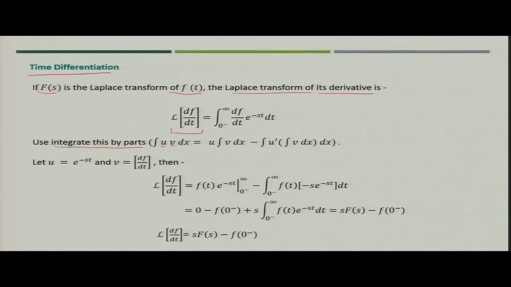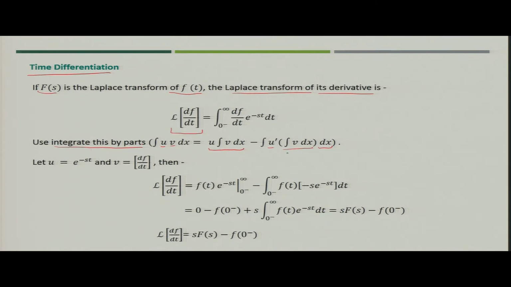The integral of u v dx can be given as u into the integral of v dx, minus the integral of the derivative of u multiplied by the integral of v dx, with the combined function integrated with respect to x again. So, this is the property of integration by parts.